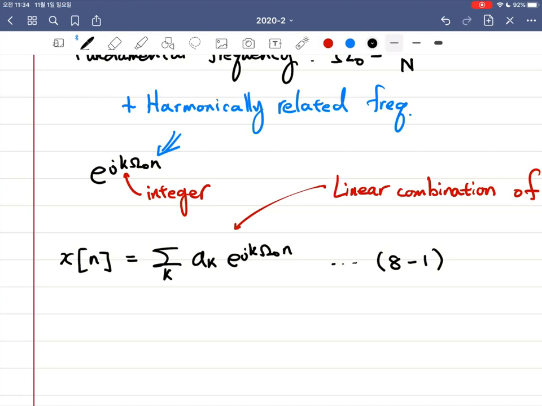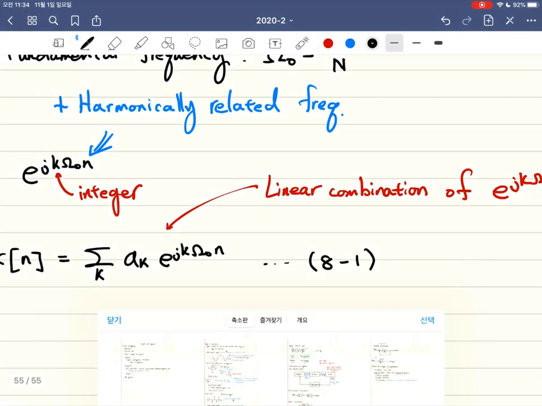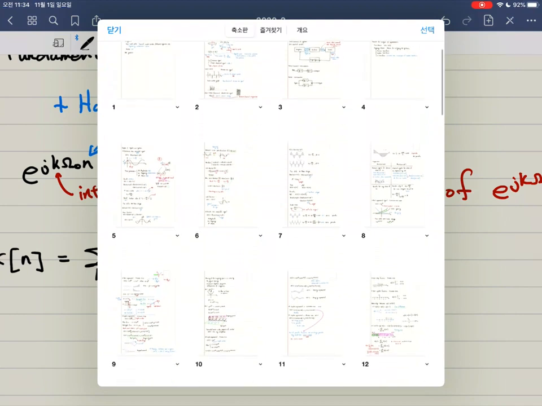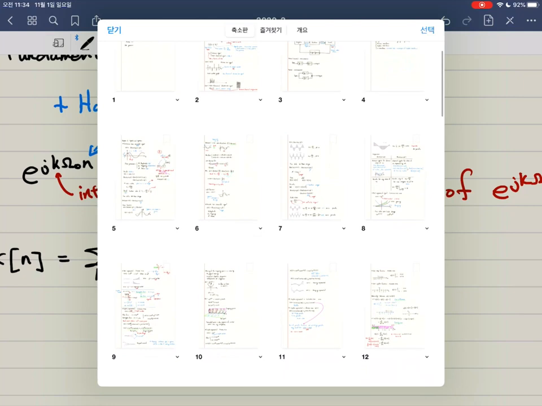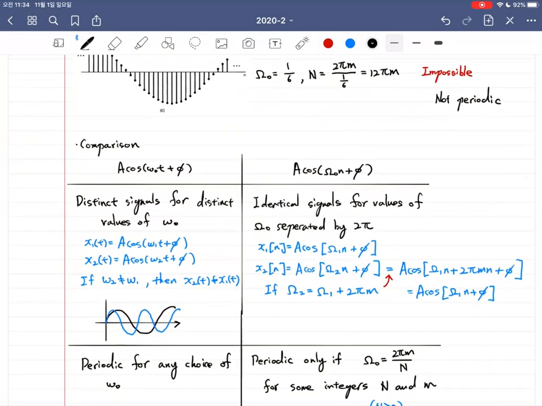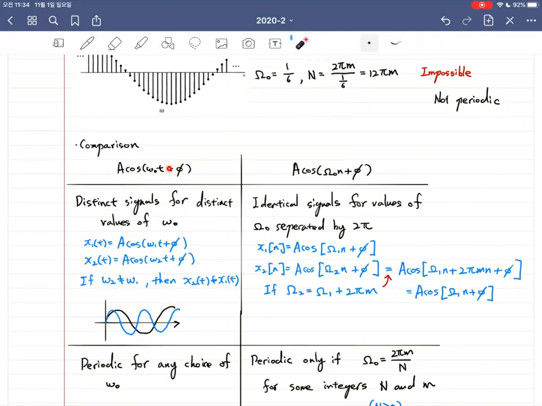Now, there is a special property about discrete time. When we first studied the sinusoidal wave, for continuous time, if you have different values of omega 0, then they are distinct signals, which means it's just a different signal.